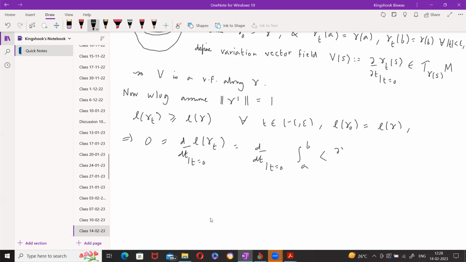The tangent vector is del f del s. So the inner product of del f del s with del f del s, to the power half, ds, right?